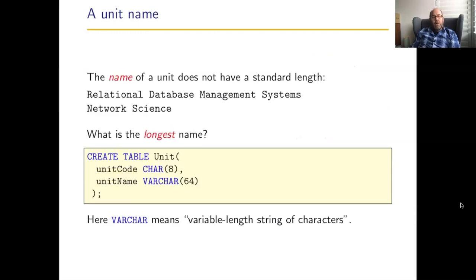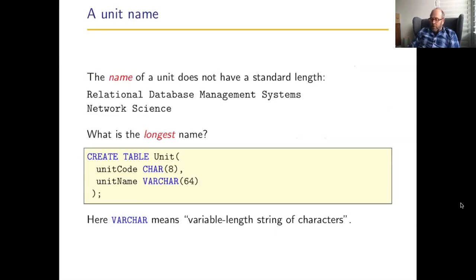Okay, the name of a unit, on the other hand, doesn't have a standard length. Some units have long names, like relational database management systems. Some units have short names, like network science. How should we declare a variable used to store some value whose length we don't know in advance?